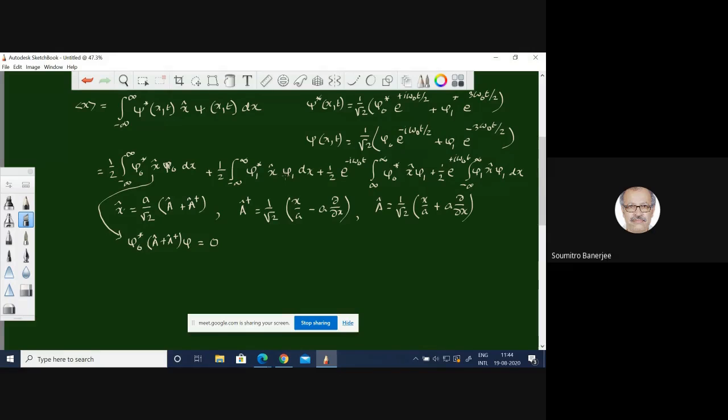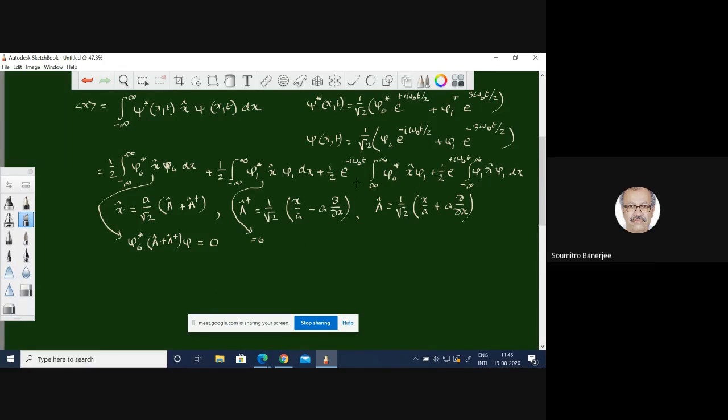Therefore, the first term is 0. The second term, a dagger operating on psi 1 gives psi 2, and psi 1 and psi 2 are also orthogonal to each other. Therefore, this integral is 0. So this integral is also 0. Let's talk about this integral.